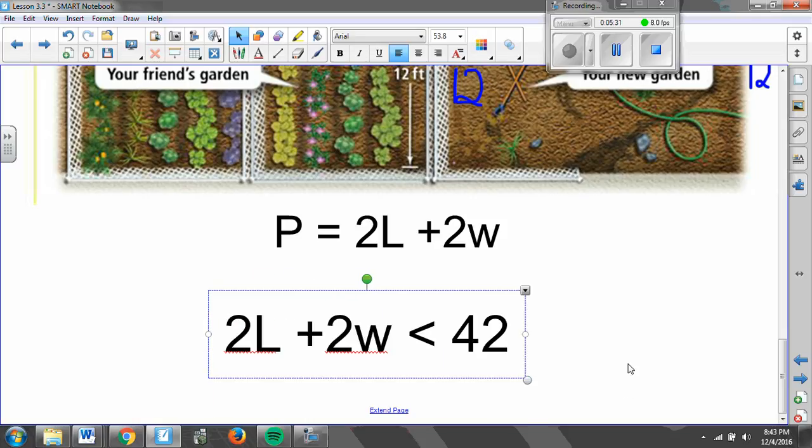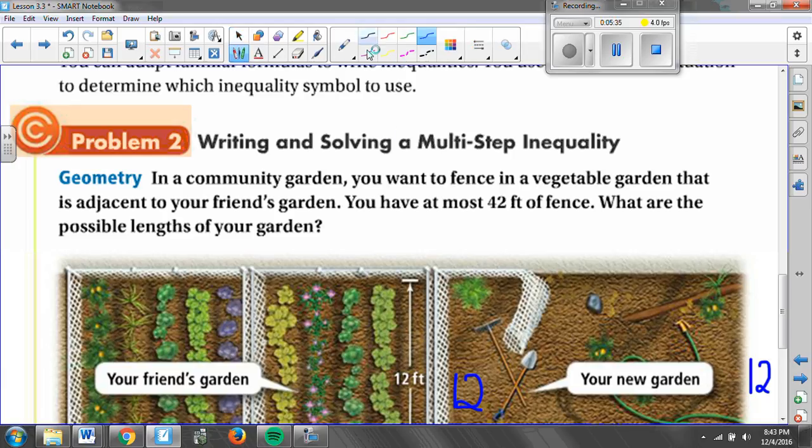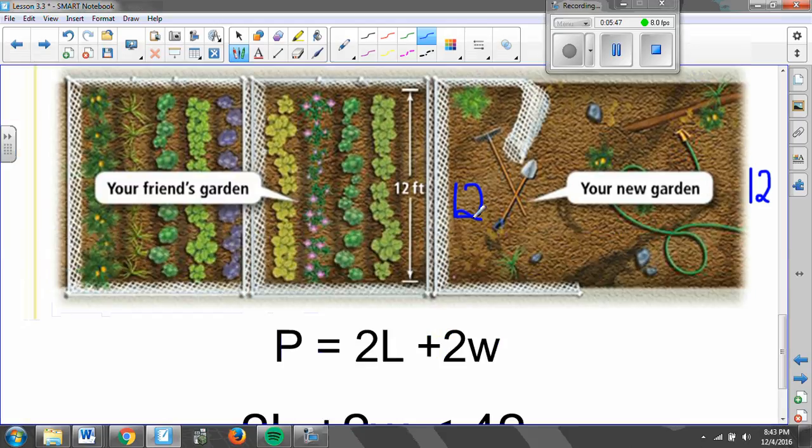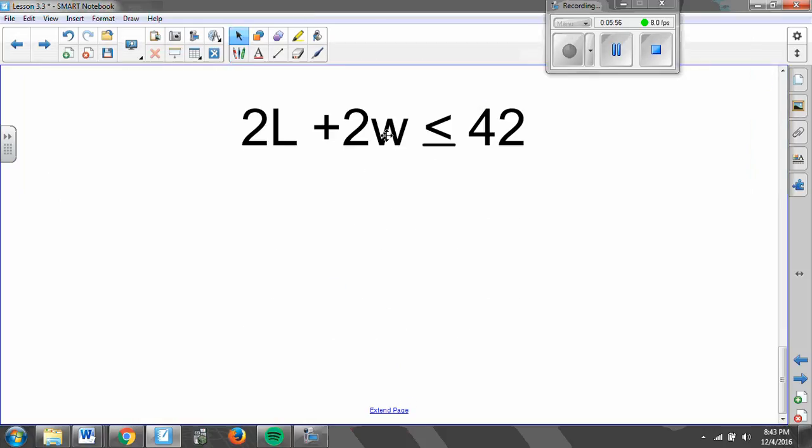Why do I know that? Because of what the word problem said: you have at most 42 feet of fence. Fence means perimeter around the outside. And I have at most 42, which means I can't go any higher than 42, but I can get all the way up to and including 42.